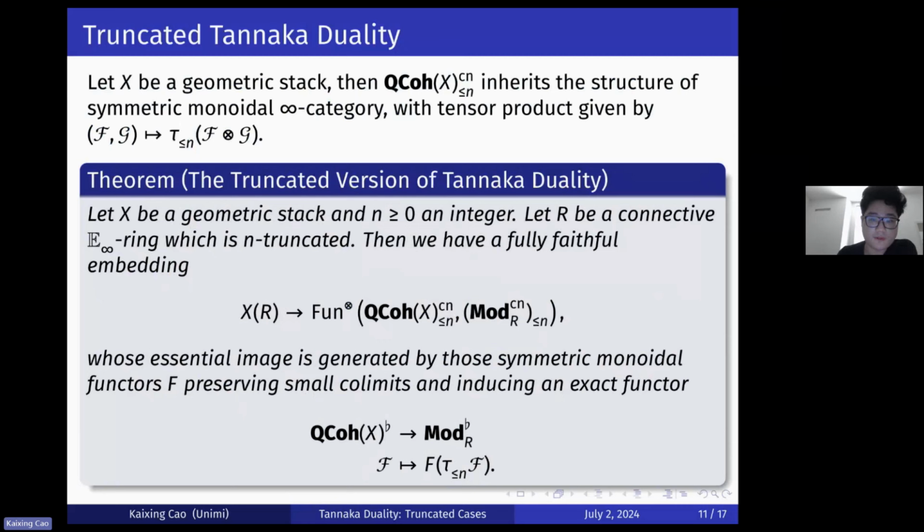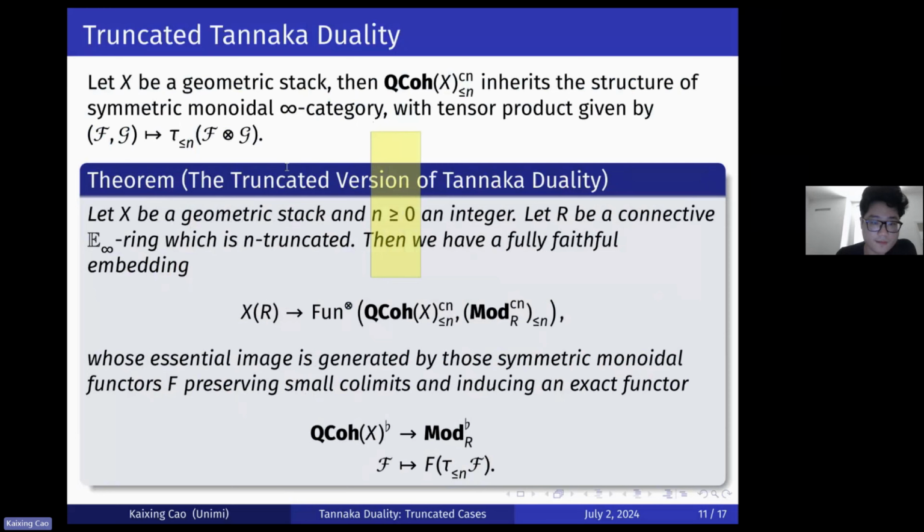Now I give the truncated version of the Tannaka duality for arbitrary non-negative integers, because the previous theorem is the zero truncated case of this theorem.